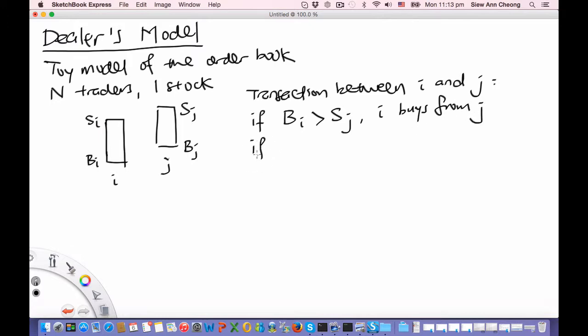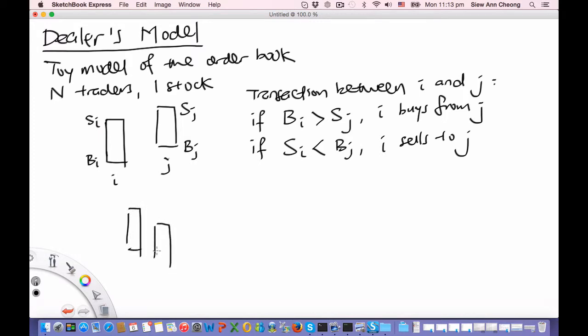On the other hand, if SI is less than BJ, then I sells to J. So graphically, this can be shown in this way.